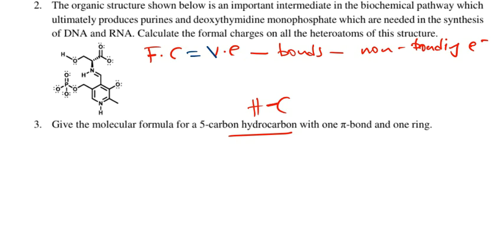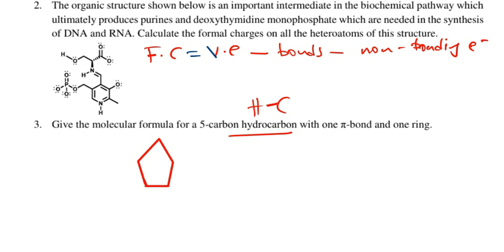Alright, so answering this one, we'll start first of all with 5 carbons, right? So 5 carbons in a ring, and then there's a single pi bond there. So 1, 2, 3, 4, and then 5.